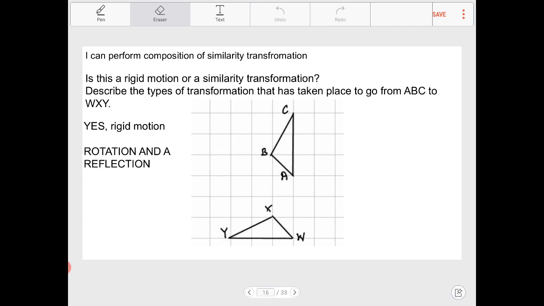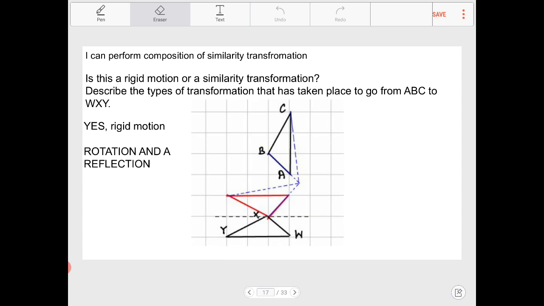Hopefully you had a chance to think about this. This is actually going to be a rotation and a reflection. This one is definitely more challenging. But going from ABC to WXY, we can perform a rotation first, and then after we perform the rotation, we can then perform a reflection.